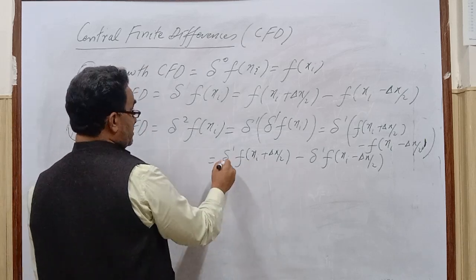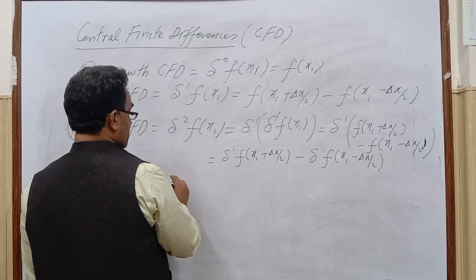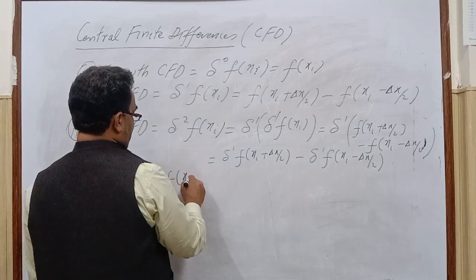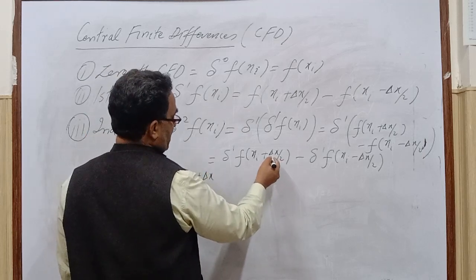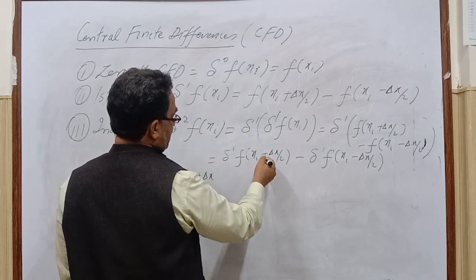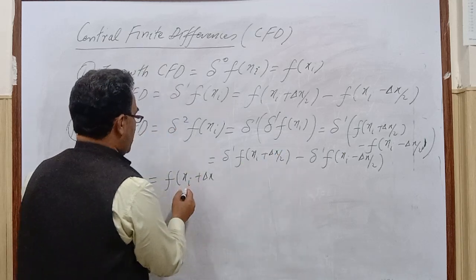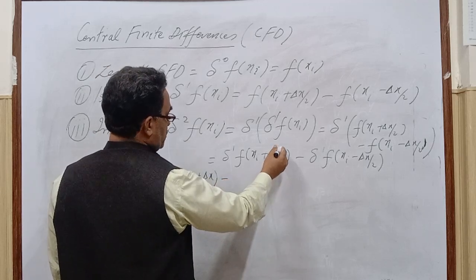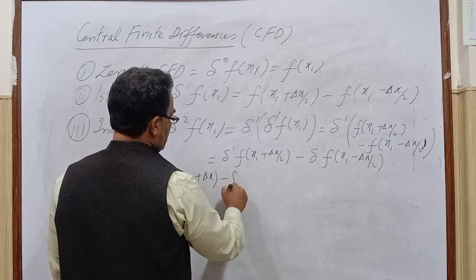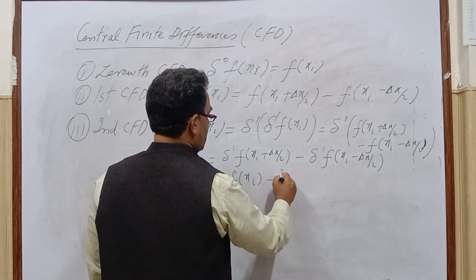Now these deltas will operate upon these function values, according to the definition of central finite difference. So the result will be f of xi plus delta x, meaning we will add delta x by 2 to xi plus delta x by 2. We subtract delta x by 2, so this will cancel and we get f of xi, and minus the bracket.